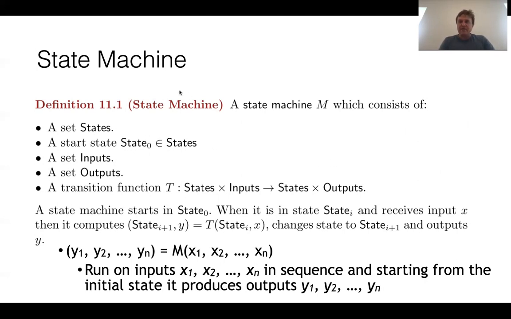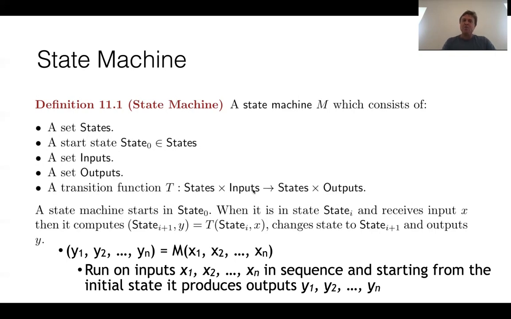Okay, so a state machine, as a formula, is something that has a set of states. That's the possible states it can be in. I could think of that as the database. There's an initial state called state 0. It's one of the states. Then there's a set of possible inputs. The inputs come from this set called inputs, and in each activation, as it's called, it gives a single output from the set of outputs.